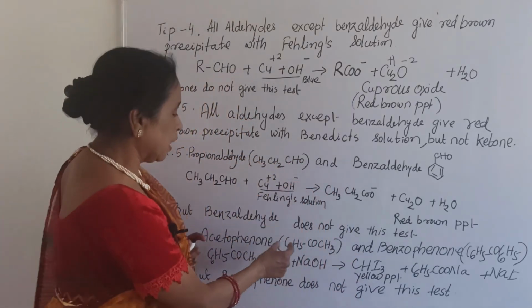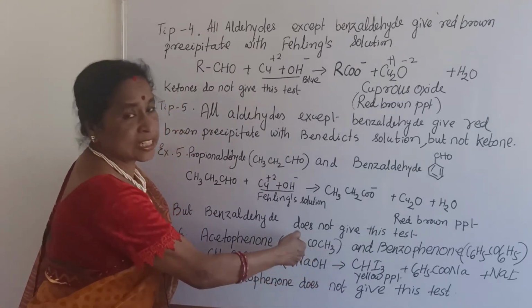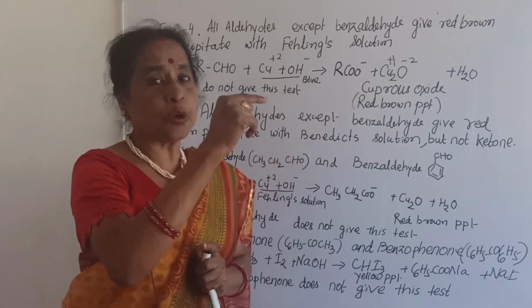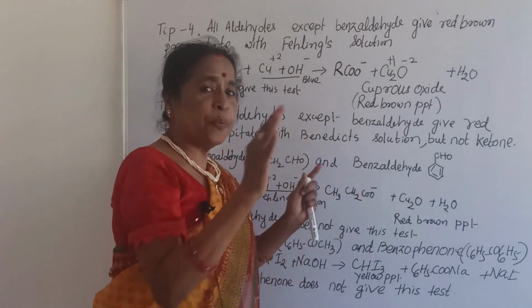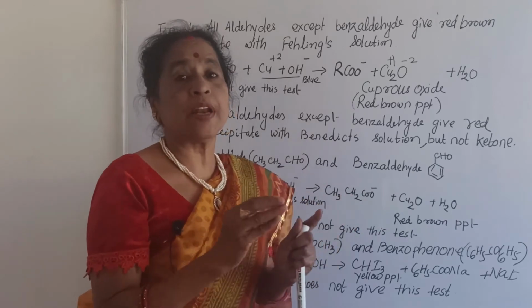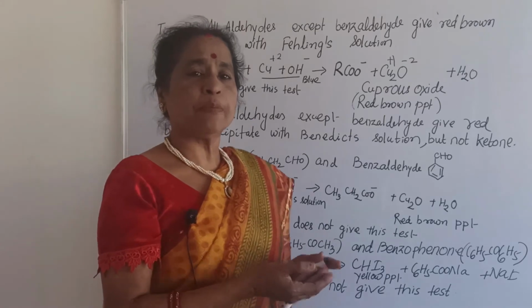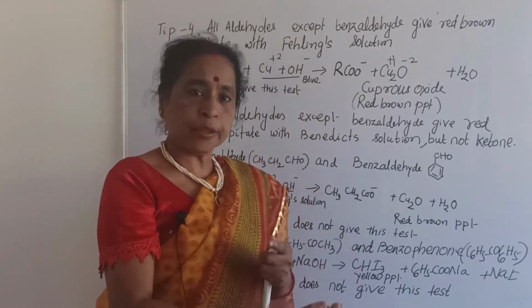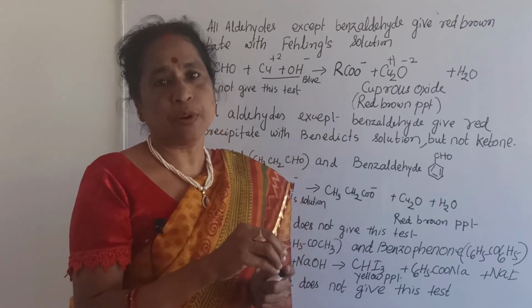Then come to another example, acetophenone and benzophenone. Acetophenone contains the group COCH3, that means you can say CH3CO. A methyl keto group is present in acetophenone, but in benzophenone both sides contain phenyl group. Then it is easy to distinguish between the two by the iodoform test, because I told you the CH3CO group is present, it gives iodoform test.